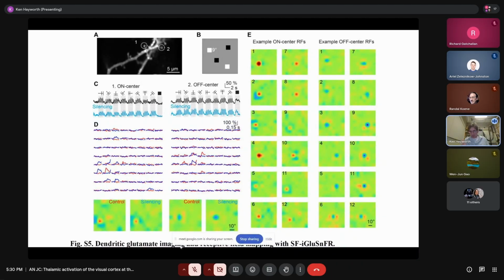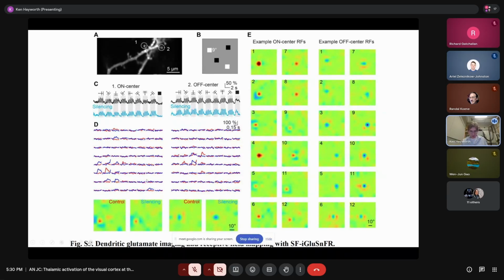The other thing, this is supplementary figure 5. They could also take a look at these at individual synapses and do white noise stimuli so that they could actually plot the receptive field properties of these cells. So for instance, synapse 1 here, these are the responses to flashing black and white dots.